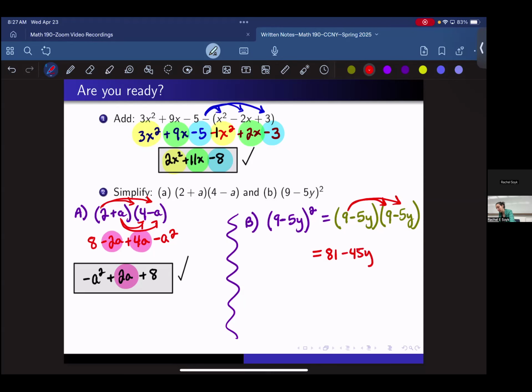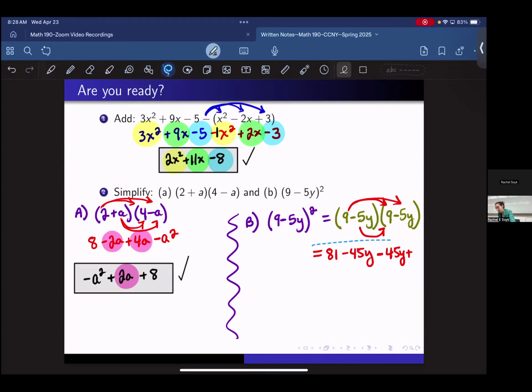You'll notice we have a special property here because they're all just 9 minus 5y times 9 minus 5y. So those inner terms are going to be exactly the same. They're going to be negative 45y.